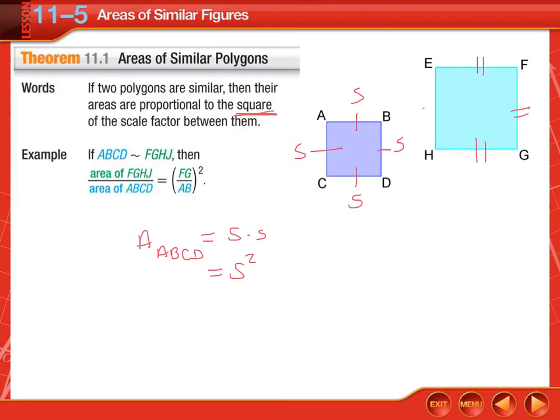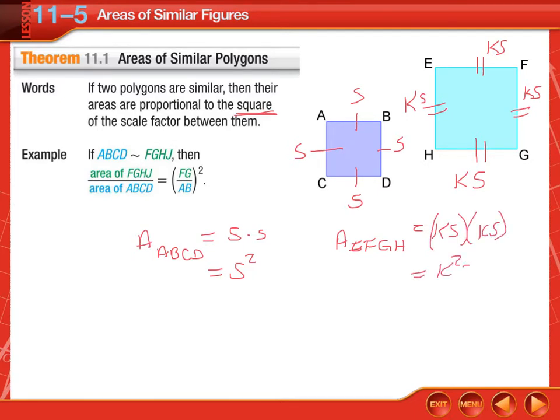And if they are similar, then I've got some kind of scale factor multiplying ABCD side length. So all of these sides are going to be KS. Consequently, the area here of EFGH is going to equal KS times KS, and that equals K squared times S squared.